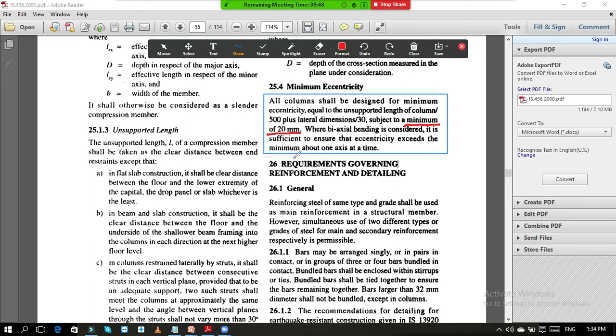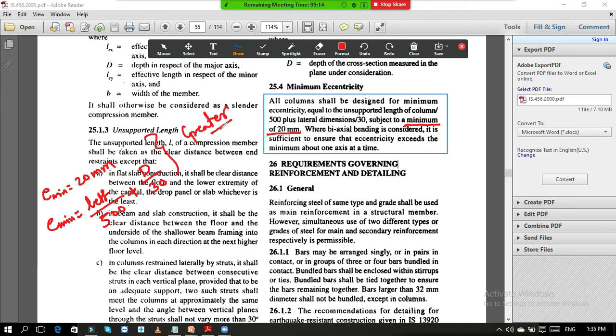Okay, so from this we can say that E minimum we can take as 20 mm, or E minimum is equal to, what is the formula they have given, the unsupported length of the column, that is we will take it as the effective length divided by 500, plus D by 30.